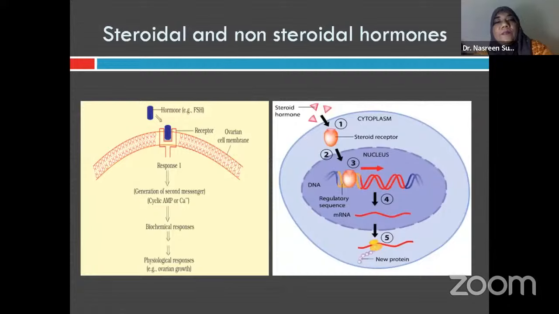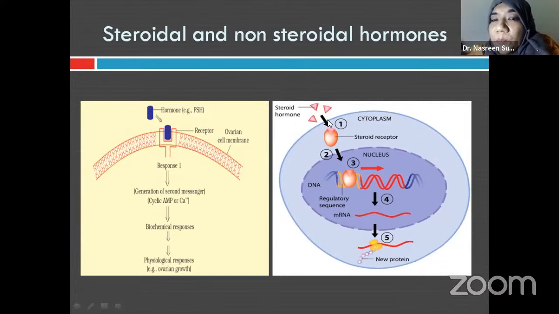You can see here, if it is a non-steroid hormone, it is going to act on the receptor, then there will be production of different secondary messengers, then there will be response. Whereas if you see the steroid hormone, as it is lipophilic in nature, it can cross. These are called nuclear receptors, and these are called G protein coupled receptors.